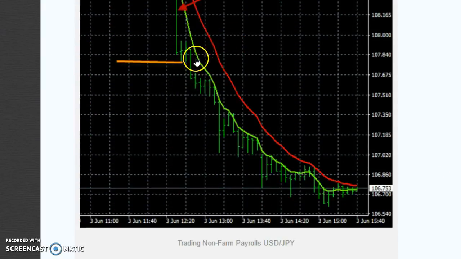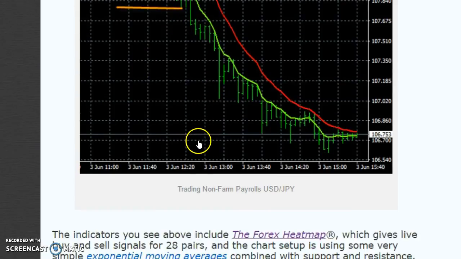So as soon as you enter the trade here, let's say around 107.75, the pair dropped another 75 pips, and over the next couple of days this pair continued dropping. So this is just an entry point into a larger trend and time frame.